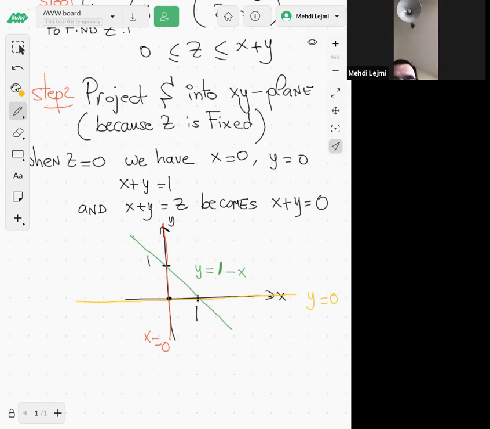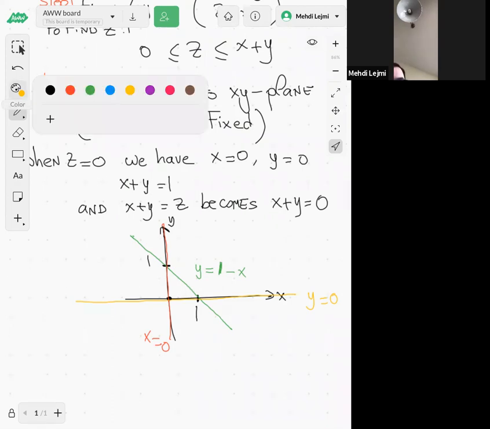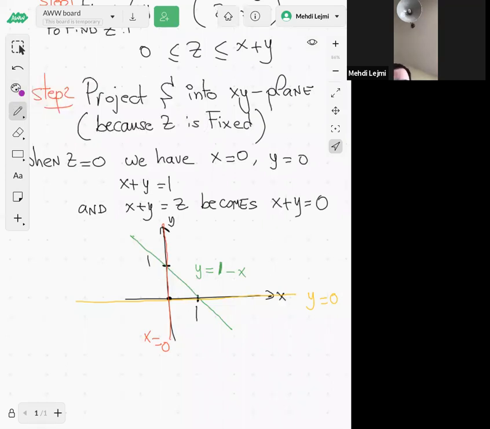We also have x plus y equals to 0, so it's just y equals to minus x. It will be this line here.